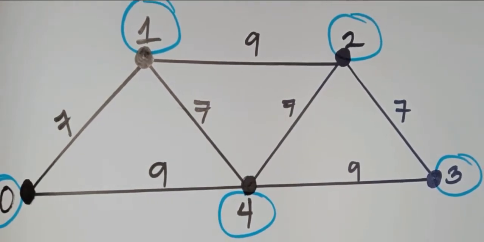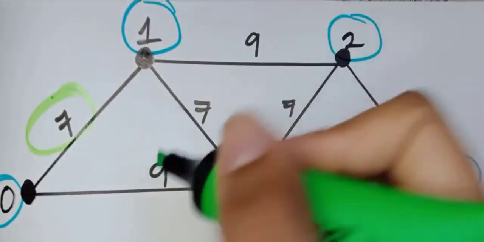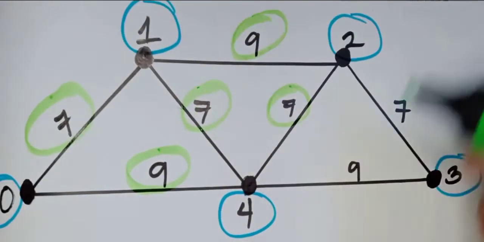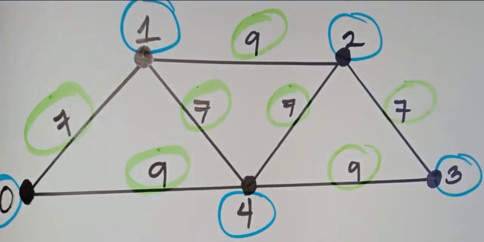So when we say weight, it is the numbers that correspond to an edge. Kapag sinabi naman nating edges, it is the line segments of the graph.